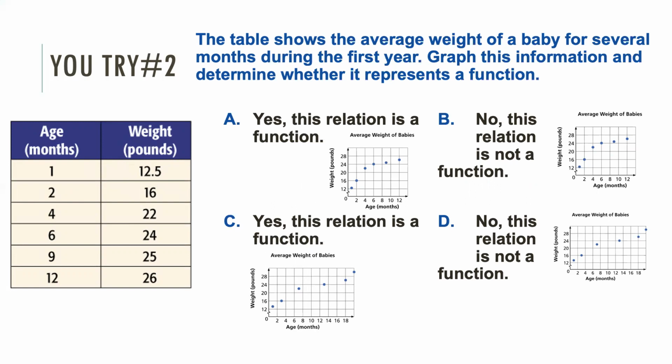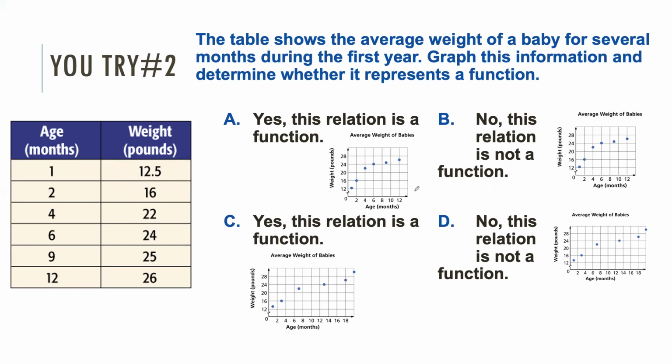Then we're going to jump to 4, and we're going to plot at 22. A technically works for 4. C is missing the point for 4.